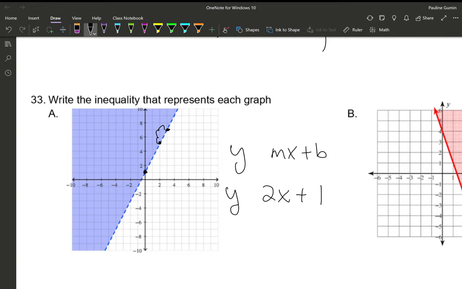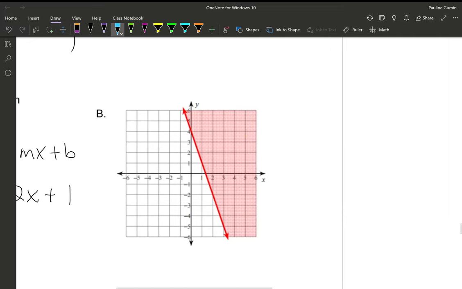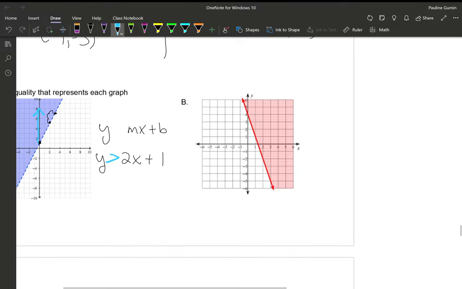The way I do it is I draw a straight line up from the diagonal that we have, going straight towards the shaded area. So I'm going to put my pencil on the y-intercept, and I point straight towards the shaded area. It's going up. Up is greater than. That's it.